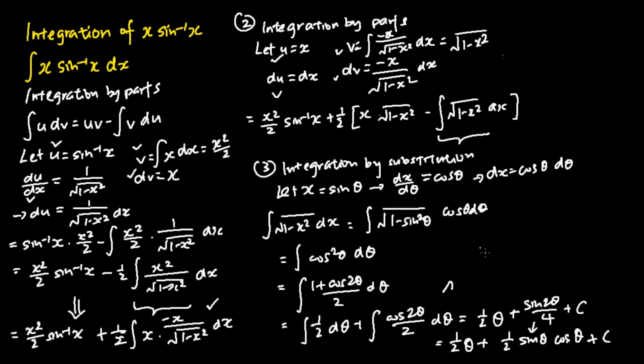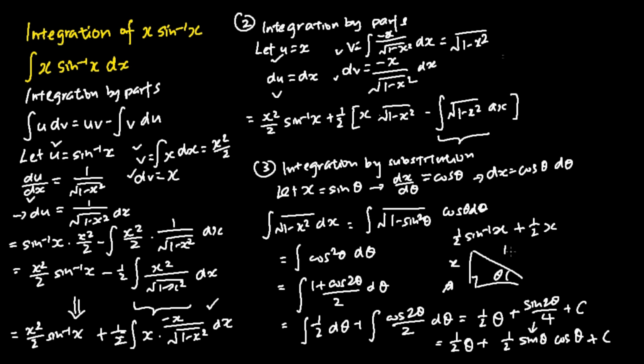And last but not least, we have to switch all the details into x. So for the first term, half theta is just basically half sine inverse x. And then as for the second term, we have half, sine theta is x. So how do I find my cosine theta? Well, I can draw a right angle triangle, and from the right angle triangle we have theta here, and my sine theta is equal to the opposite over hypotenuse, in which my opposite length is x.